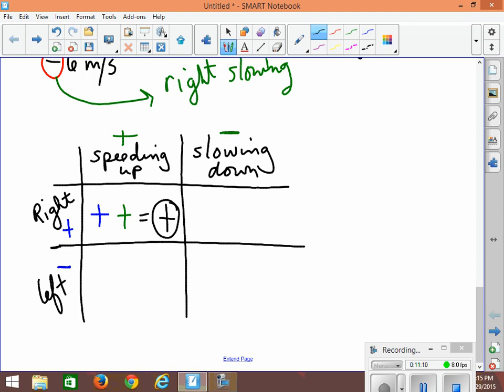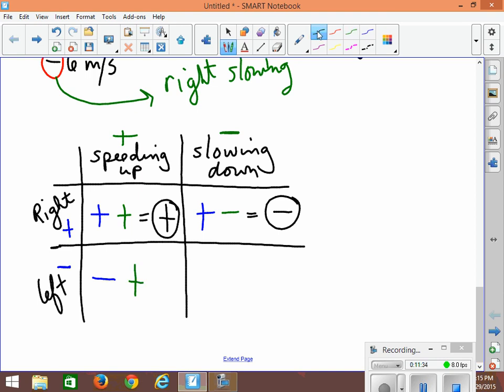If we look at the next chart, we would have a positive because we're moving to the right, but we would have a negative because of the slowing down. So that means that you would end up with a negative acceleration. On the next chart, or next level, we have a negative for moving left, but we have speeding up, which is plus.